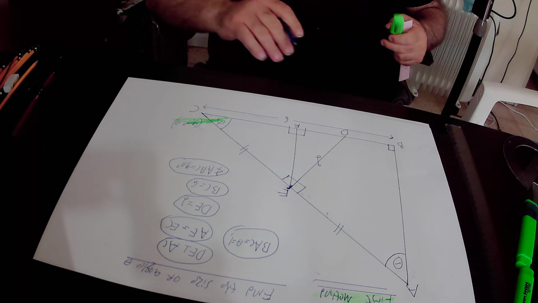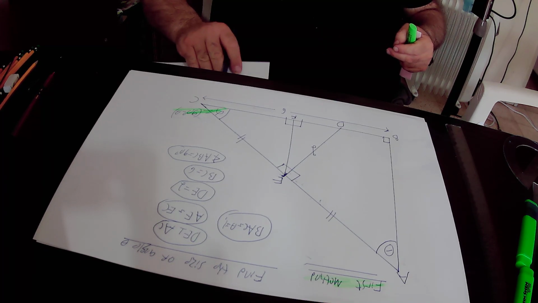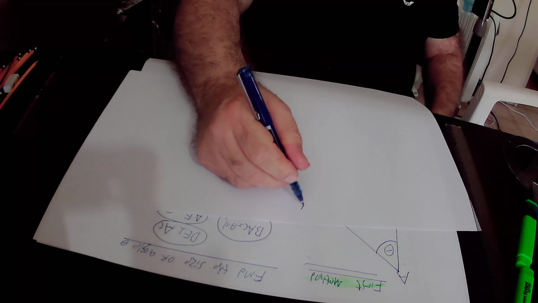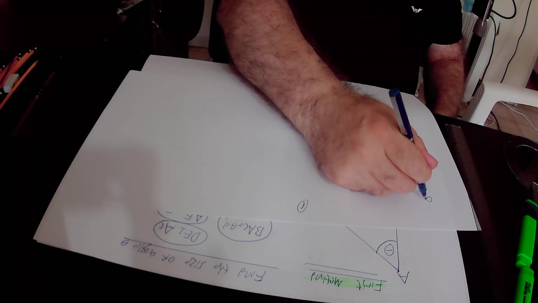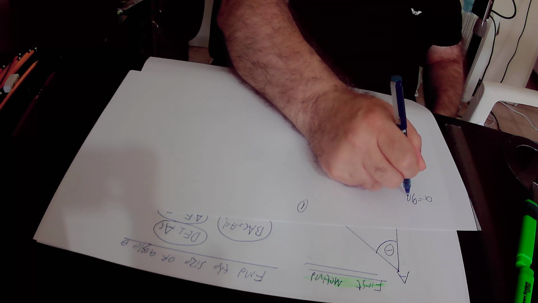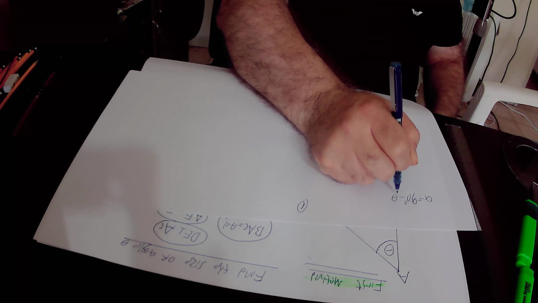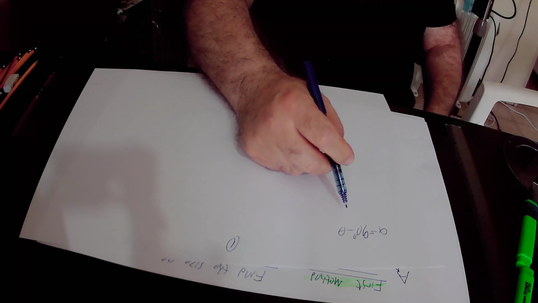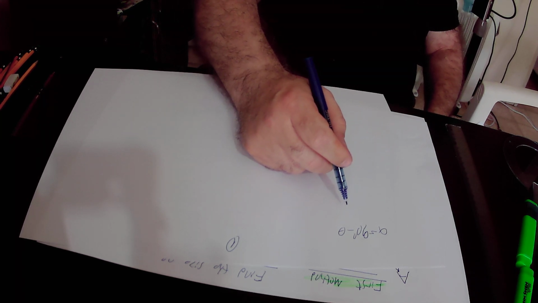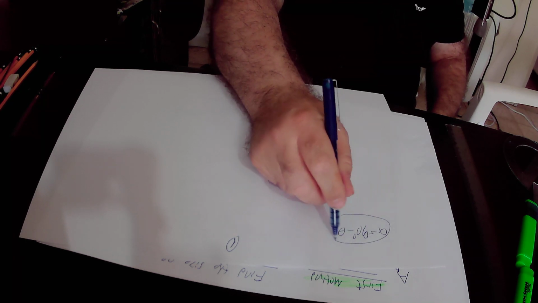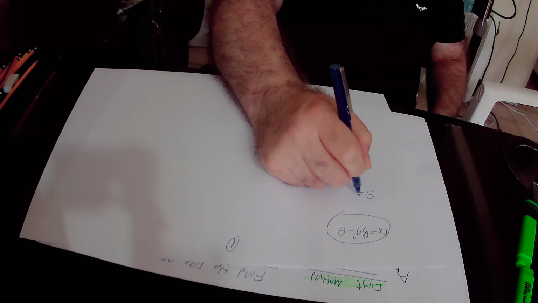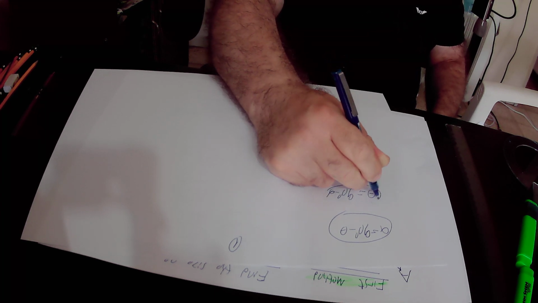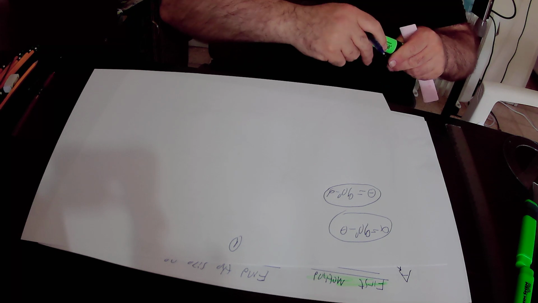Okay, so we actually know that alpha equals 90 degrees minus theta. Here we will add theta to this equation and subtract alpha, and we will get that theta equals 90 degrees minus alpha.